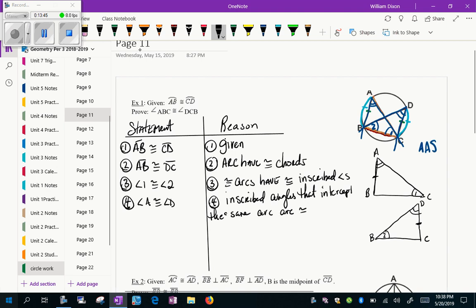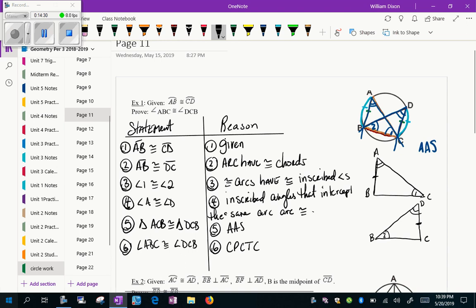And then after that, I could say that triangle ACB is congruent to triangle DCB. And 5, the reason is angle, angle, side. And 6, angle ABC is congruent to angle DCB. And the reason is CPCTC.